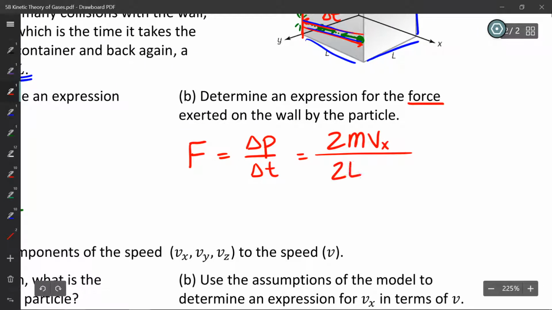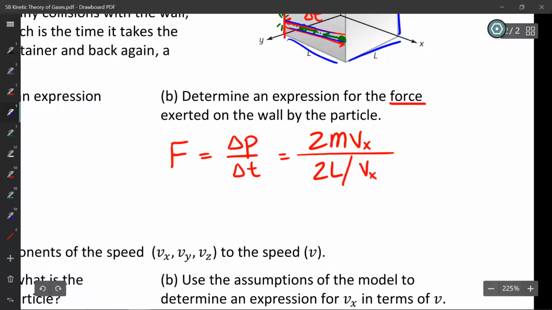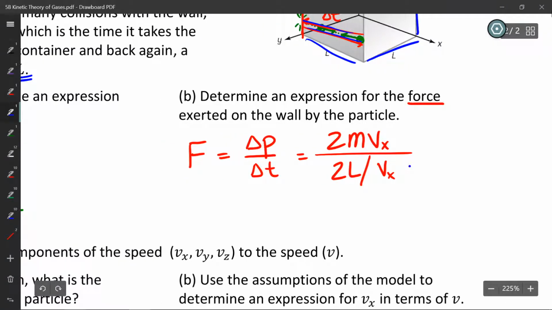Since you're dividing the bottom by vx, you can multiply the top and the bottom by vx, so the vx down here cancels out, and the 2's also cancel out.